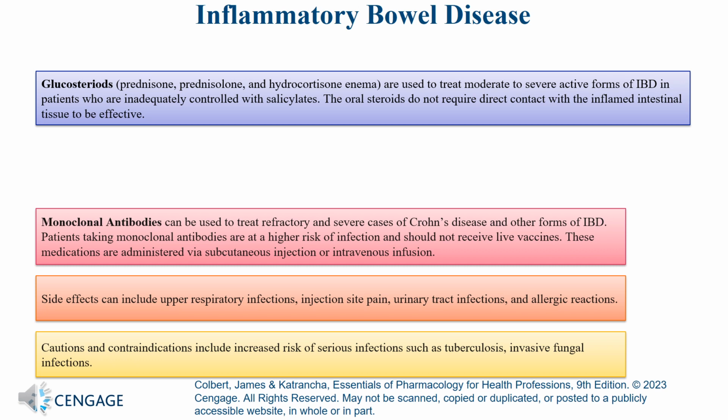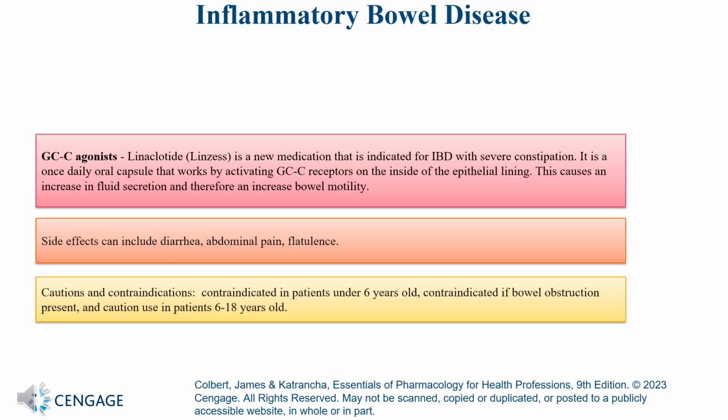Look at your side effects, what they can do, and cautions and contraindications. Let's look at your GC-C agonist, Linaclotide, which is your Linzess. It is a fairly new medication that's indicated for IBS with severe constipation.